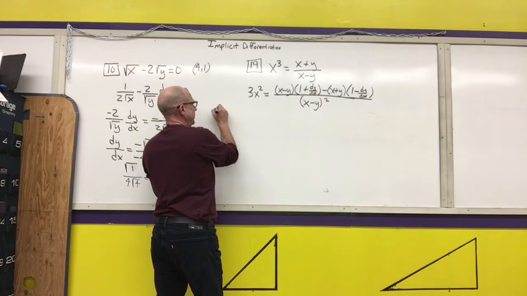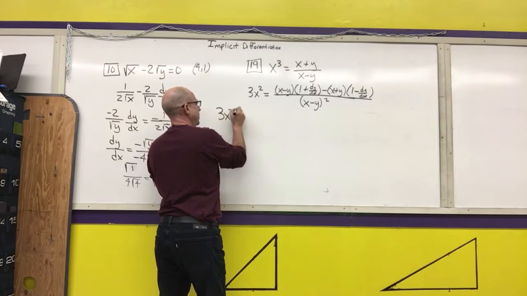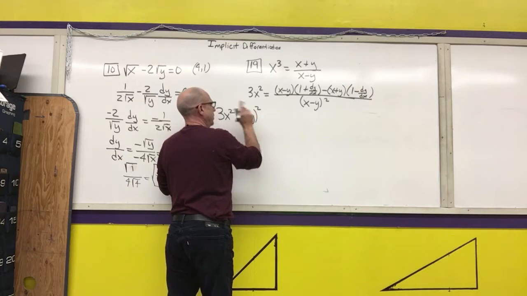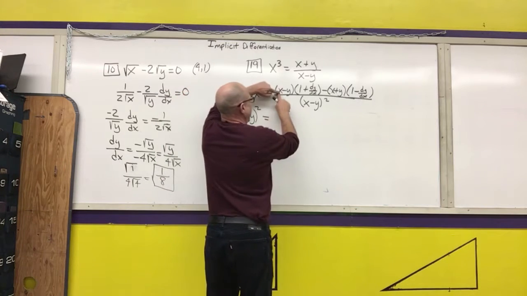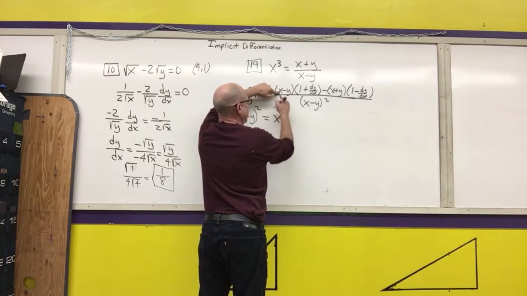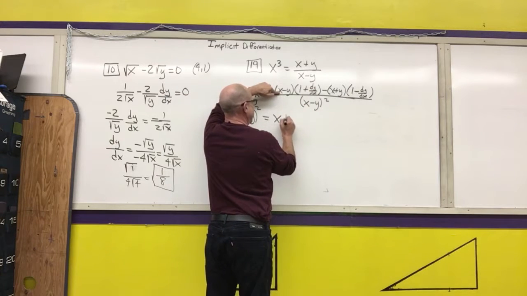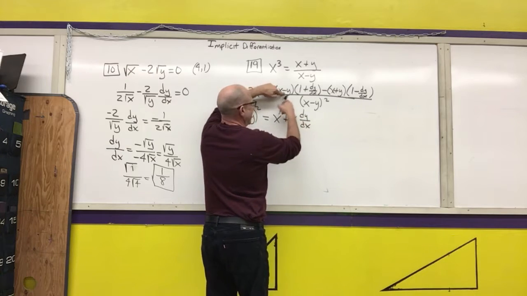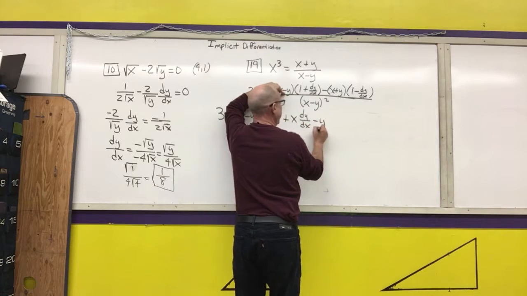So on the left, I have 3x squared times the quantity (x minus y) squared, is equal to x times 1 is x, times dy/dx is x dy/dx. Negative y times 1 is negative y.